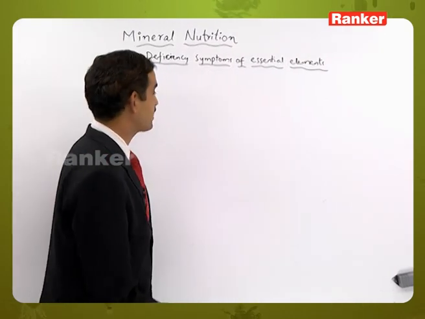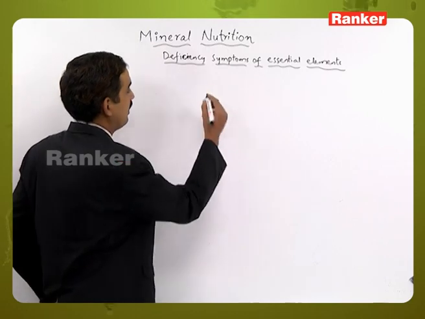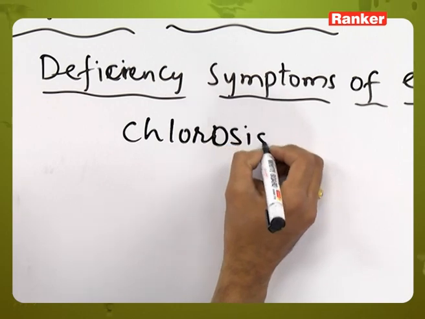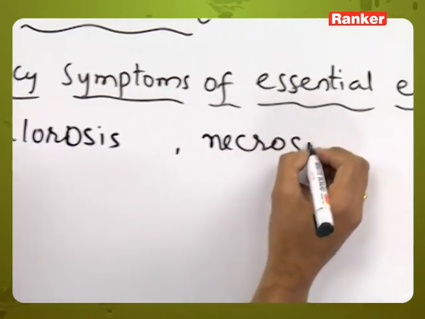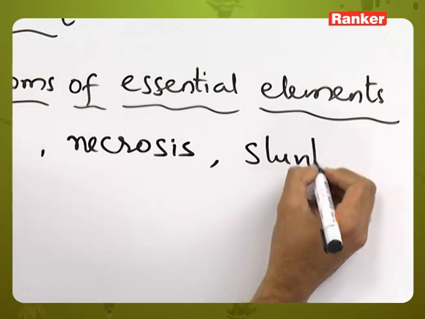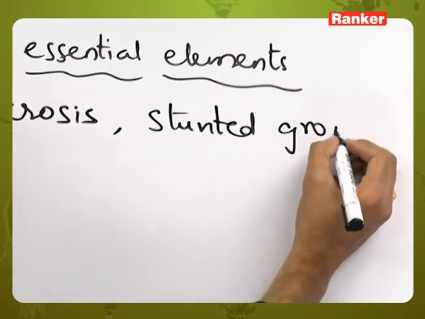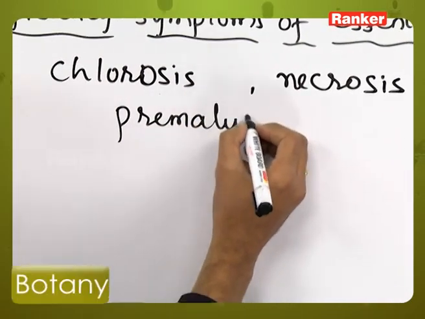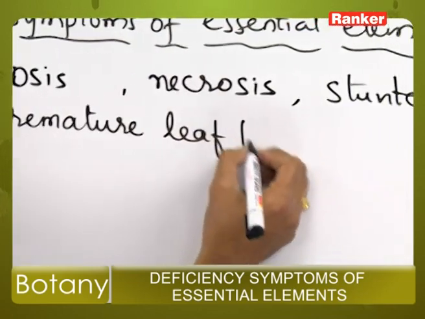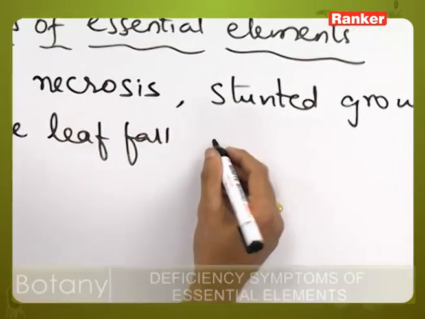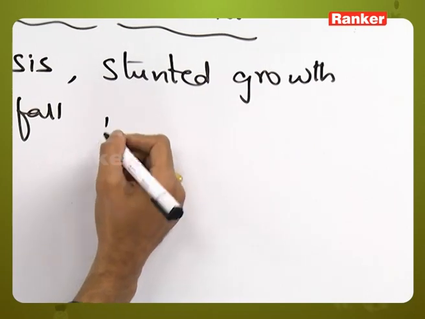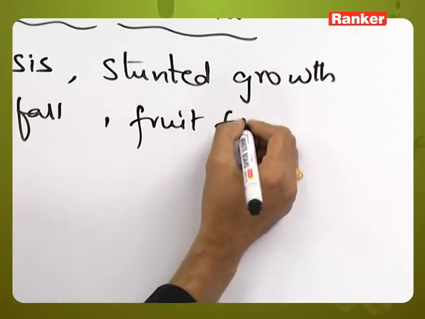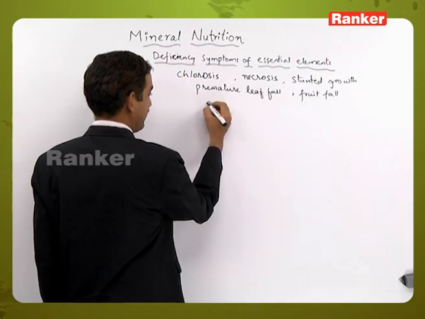There are different types of deficiency symptoms which are exhibited by the plants, like chlorosis, necrosis, stunted growth, premature leaf fall, and also premature fruit fall and delay in flowering.